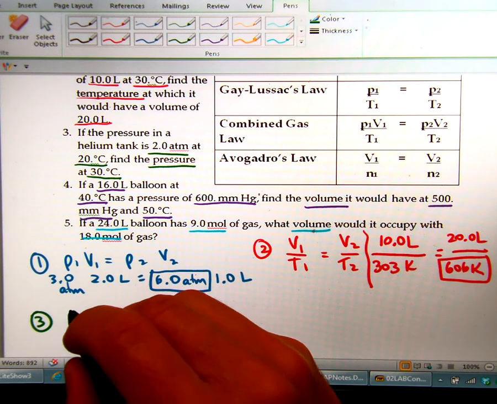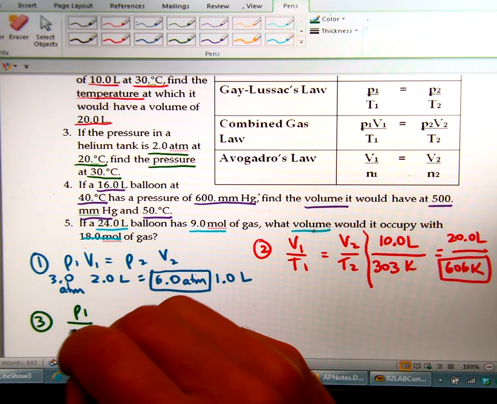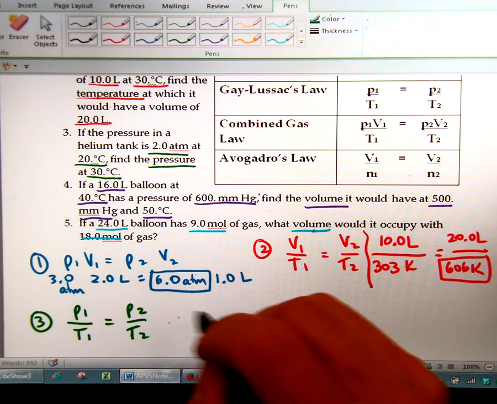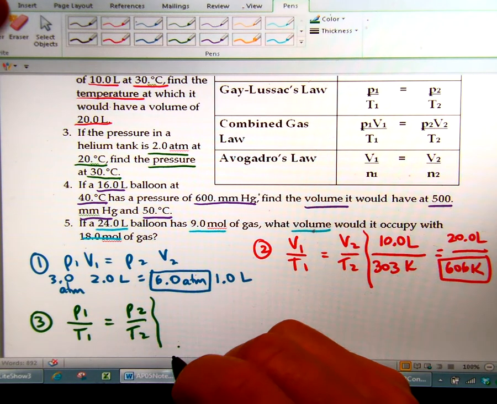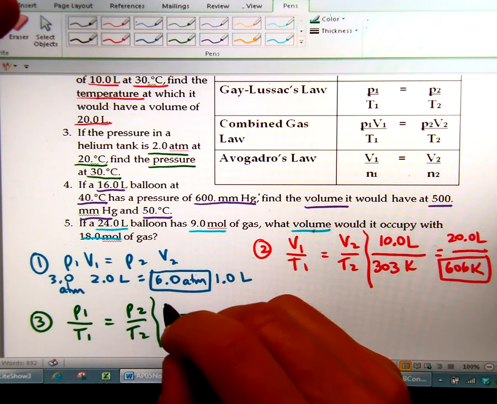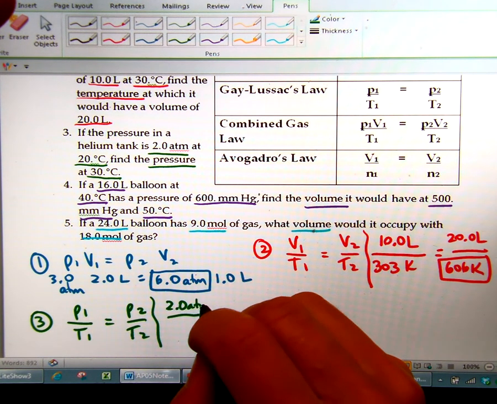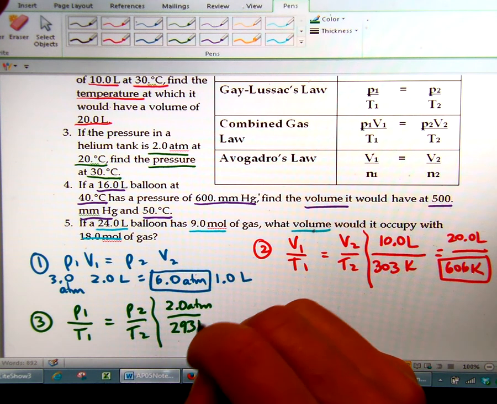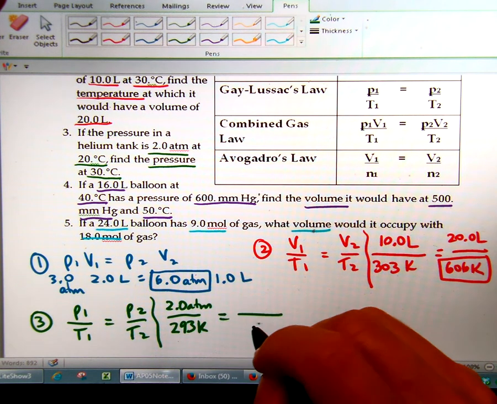So the third one is going to be pressure over temperature equals pressure over temperature. And we'll plug them in: the first pressure is 2 atm. Again, you have to change the temperature to Kelvin, so that's going to be 293 Kelvin. And then this is going to be 303 Kelvin.